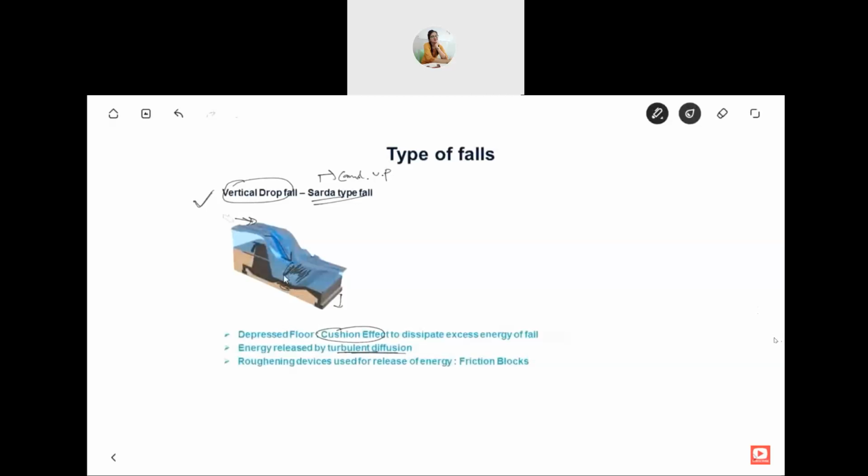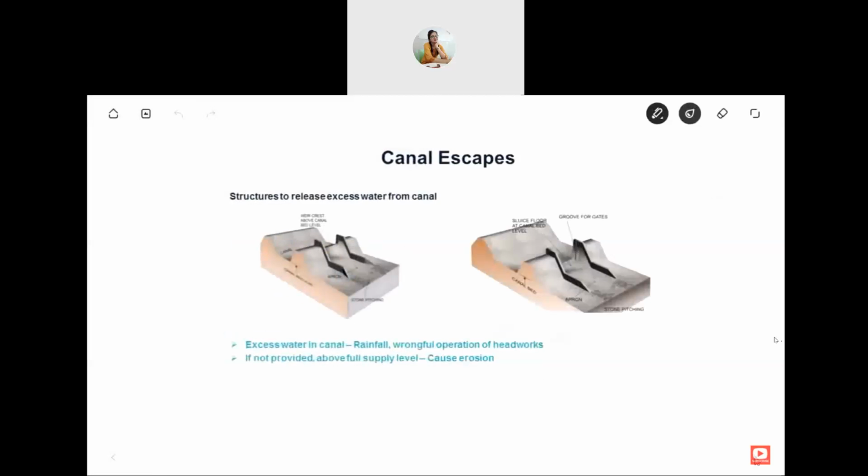Sometimes in this area, they also provide some friction blocks, which will again help in dissipating the energy in a better way. In the end, turbulent diffusion happens and then the excess energy is dissipated. So these are the different kinds of canal falls.